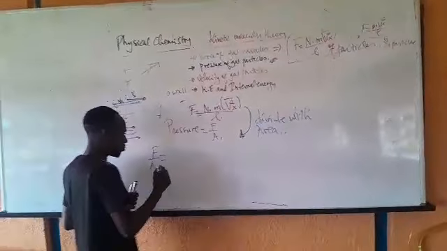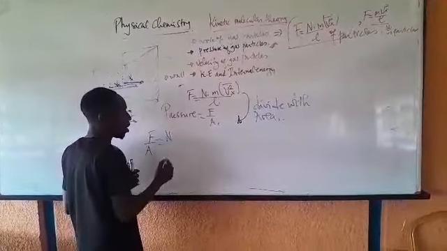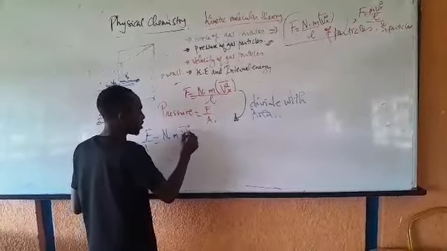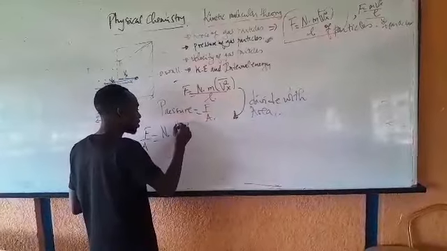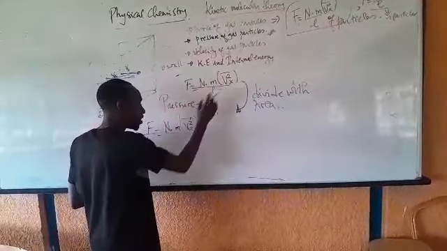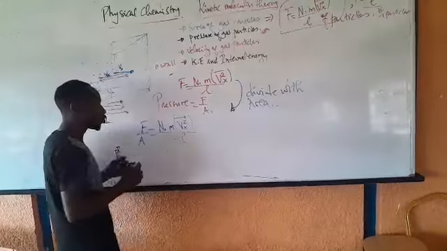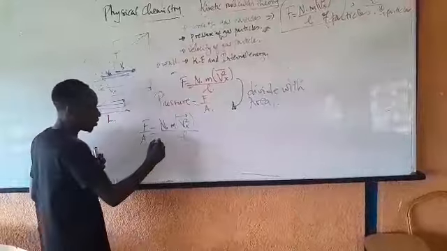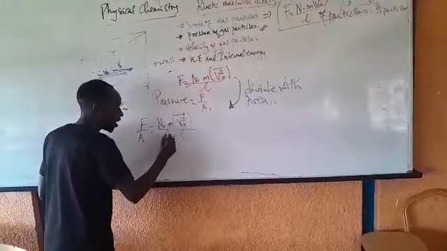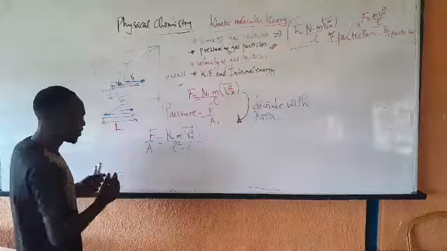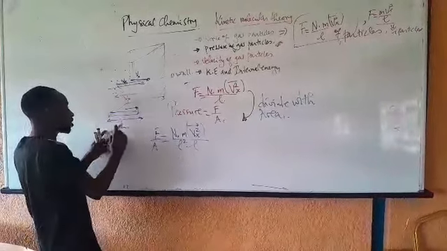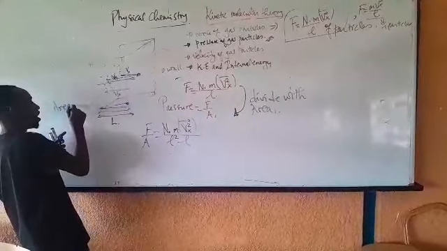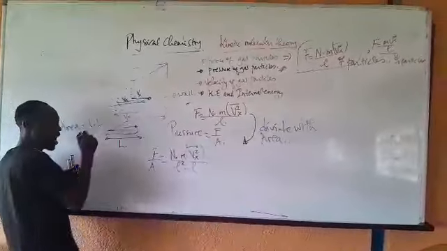And you know that we have the number of particles, their mass and their average velocity squared, and we are going to multiply by this other r squared because we divided. The area of the container is r times r.